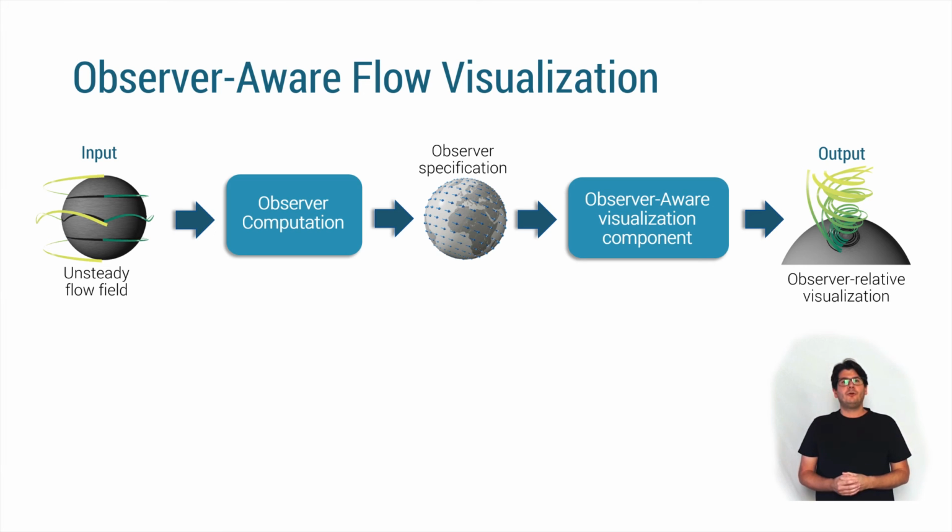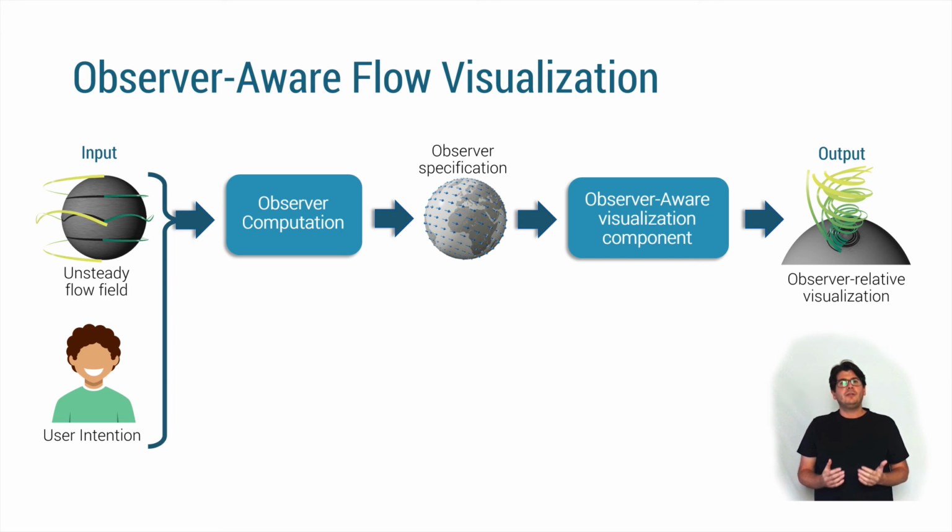Let me close with an open question about our research. Here I show the high-level overview of our visualization approach that I have presented today. We take an input flow field, feed it to our optimization procedure to compute an observer field that minimizes the observed time derivative to ultimately get an as steady as possible observed flow field. What we implicitly assumed here with our approach was a very specific intention of the user.